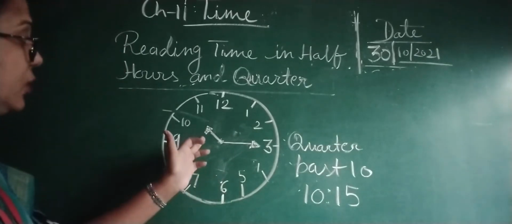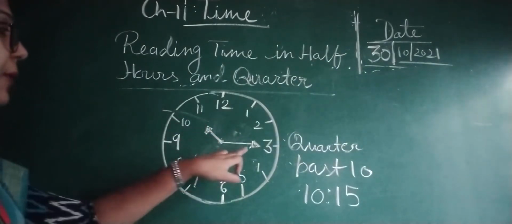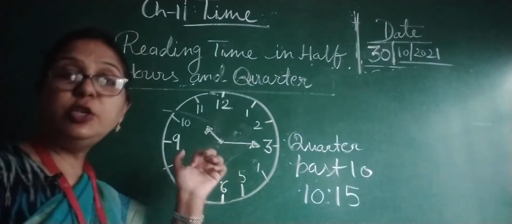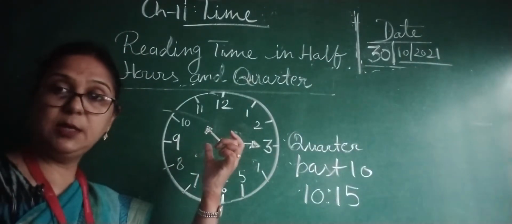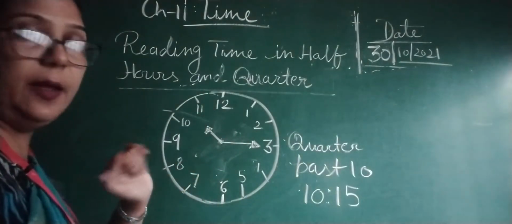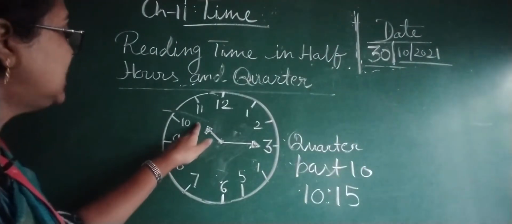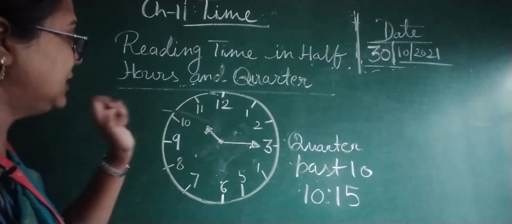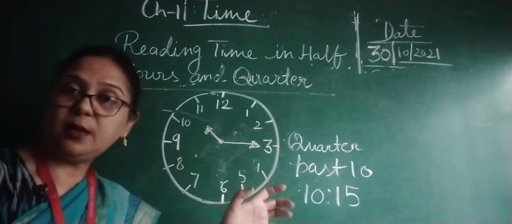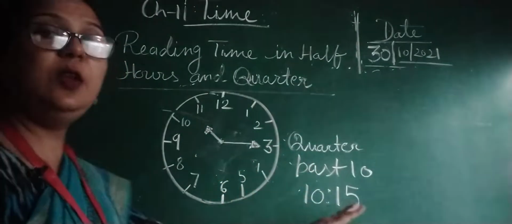Look at this: the shorter hand is in between 10 and 11 and the bigger hand is at 3. यानी जो नंबर हमें denote करना है, 10 नंबर, this is थोड़ा सा इधर है और ये 11 से थोड़ा पीछे है. So that is why this is quarter past 10. It means quarter over हो चुका है. This is quarter past, यानी 10:15 हो चुका है.